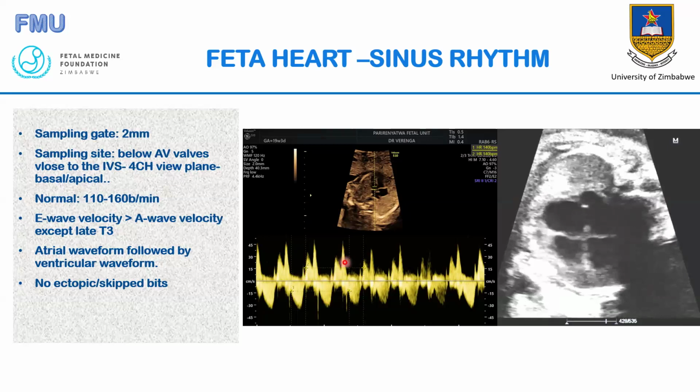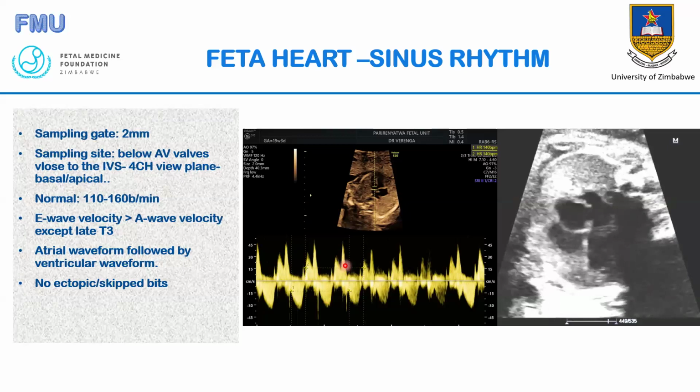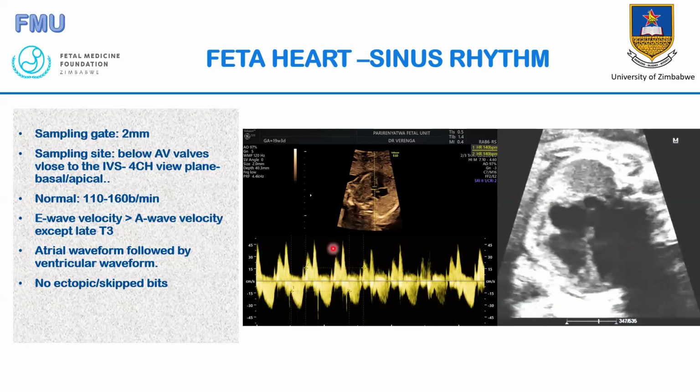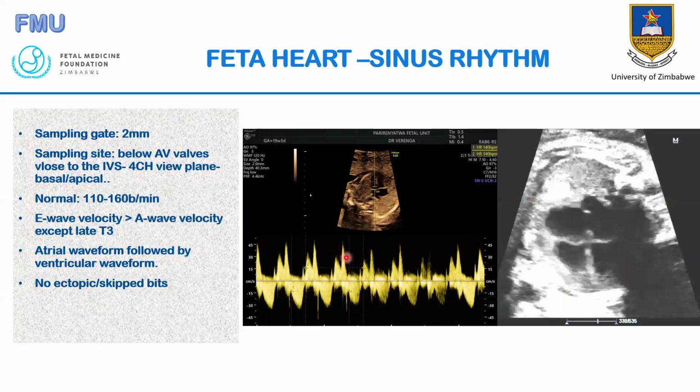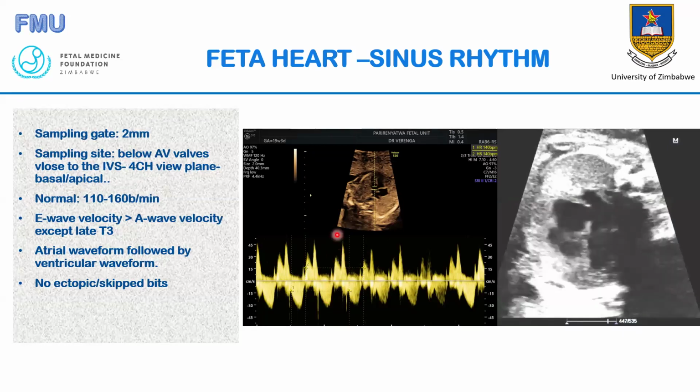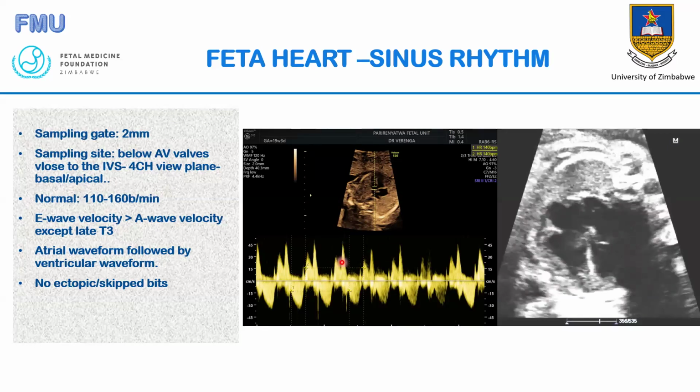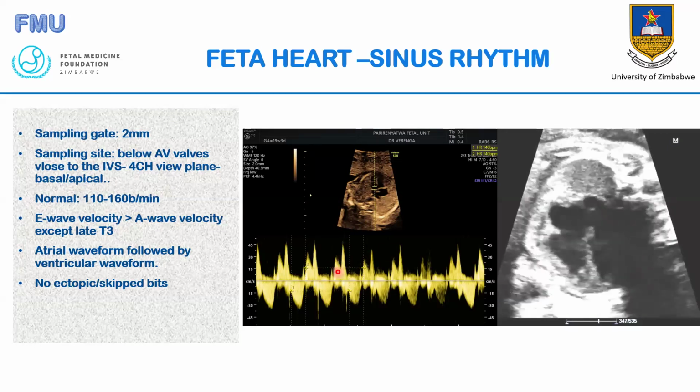Extrauterine, the situation reverses. So extrauterine, the E wave becomes taller than the A wave. That is normal, because there are no more shunts, there's more low pressure issues in utero. So the E wave is the one that really pushes most of the blood into the ventricle, followed by the A wave to squeeze it all out. So the E wave has a higher velocity than the A wave, extrauterine.